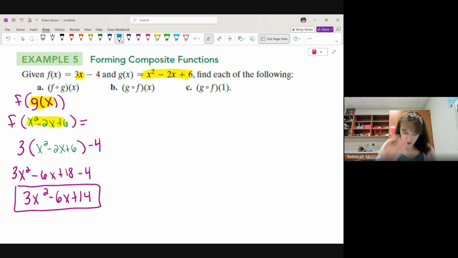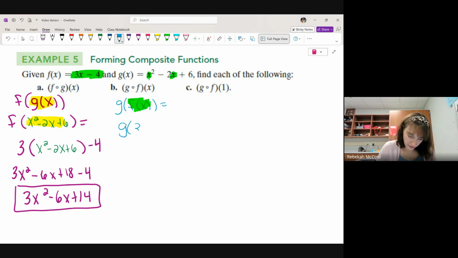So we'll do the same thing over here, but now doing our composition the other way. So this says g compose f of x. So I write that as g of f of x. So now what I'm doing is I'm putting function f inside of function g. So I'm using function f, which is this, and I'm going to put it inside as the input into function g. So what does this look like?